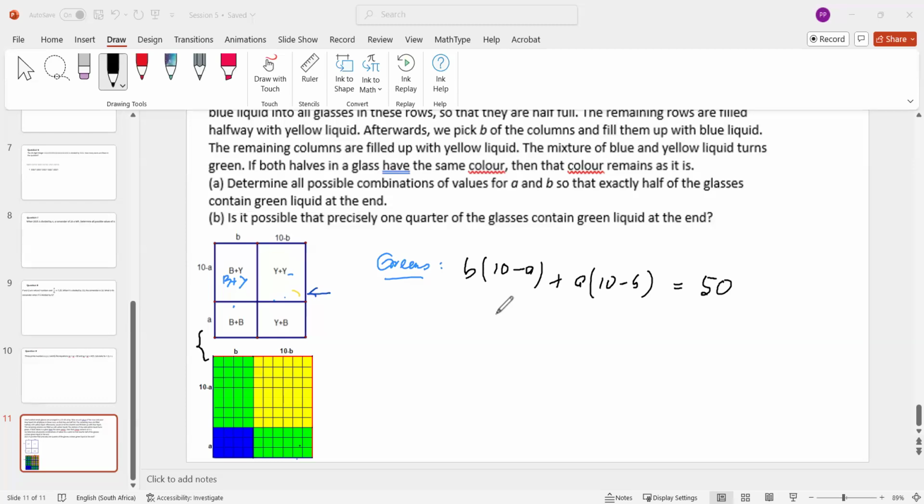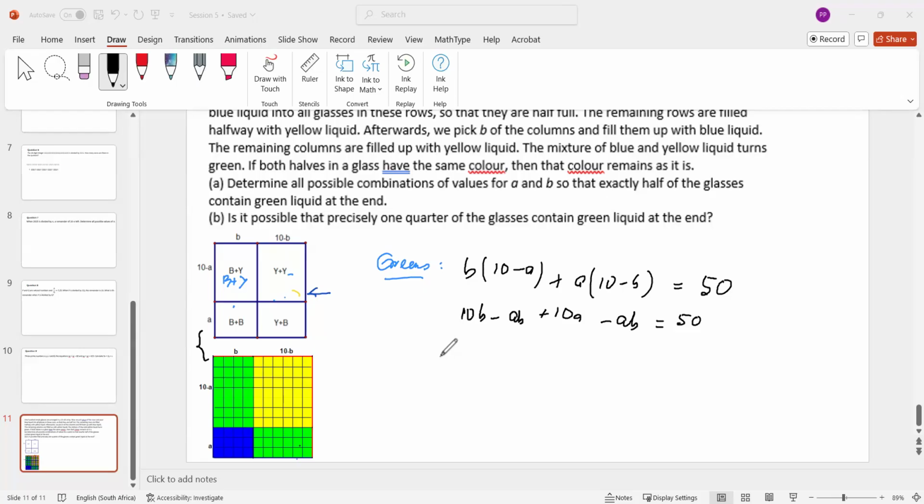So what do you get? You get 10B minus AB, that is 10 times B and then B times A, AB, and here you have 10A minus AB, and that is equal to 50.